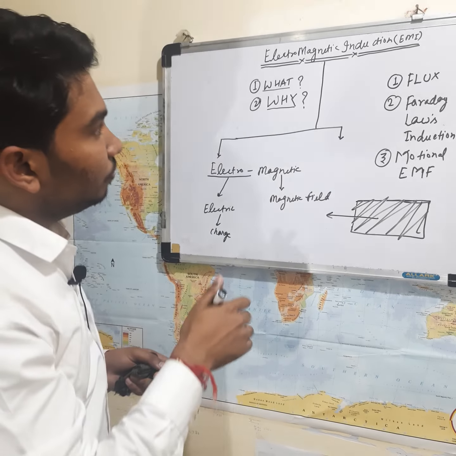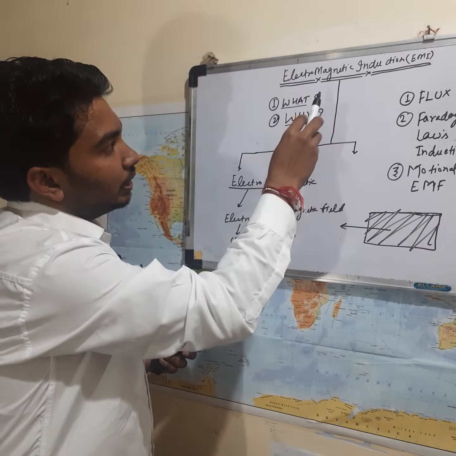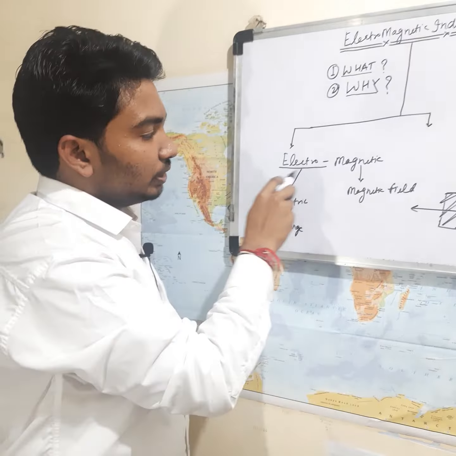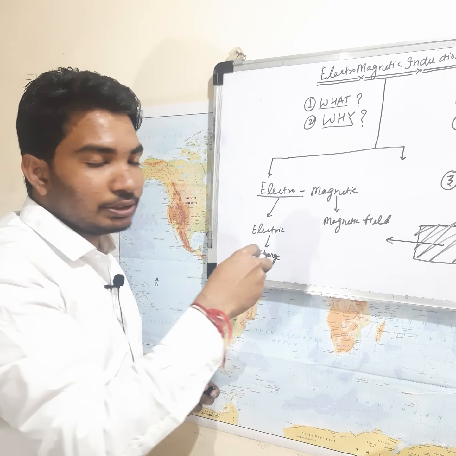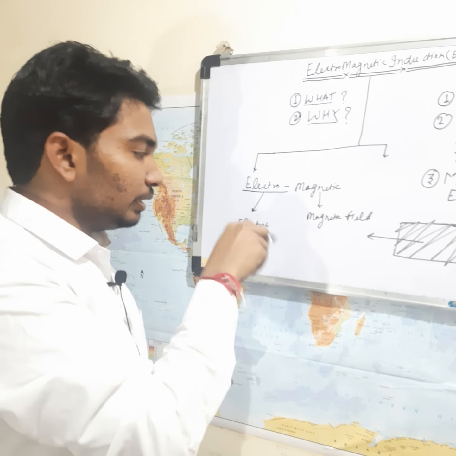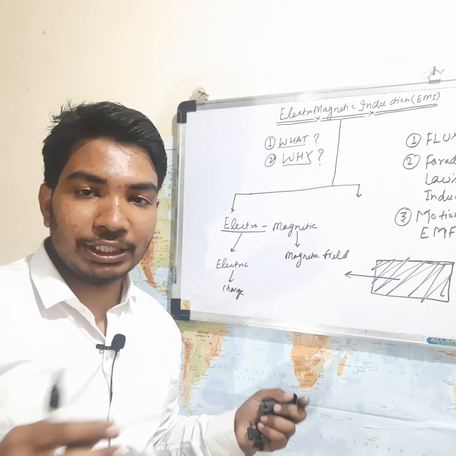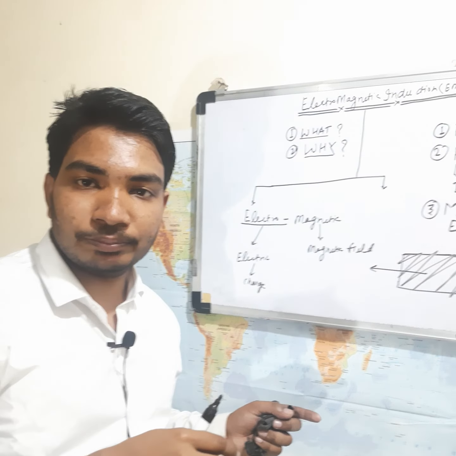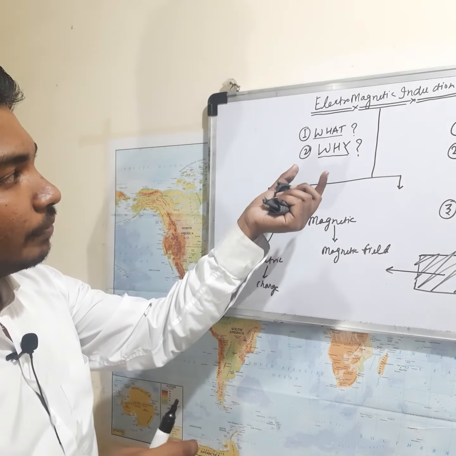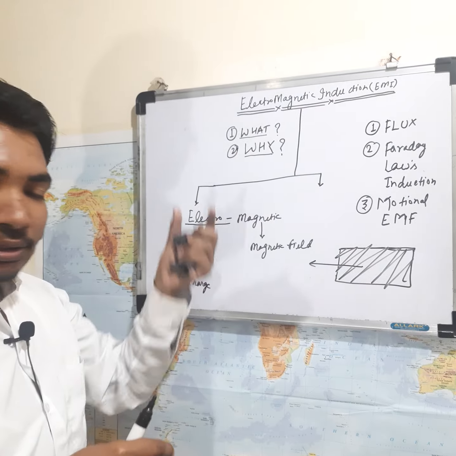So electromagnetic induction comprises two words, electric and magnetic, a combination of two fields, electric field and magnetic field, and we consider both at the same time. So that's what it means.